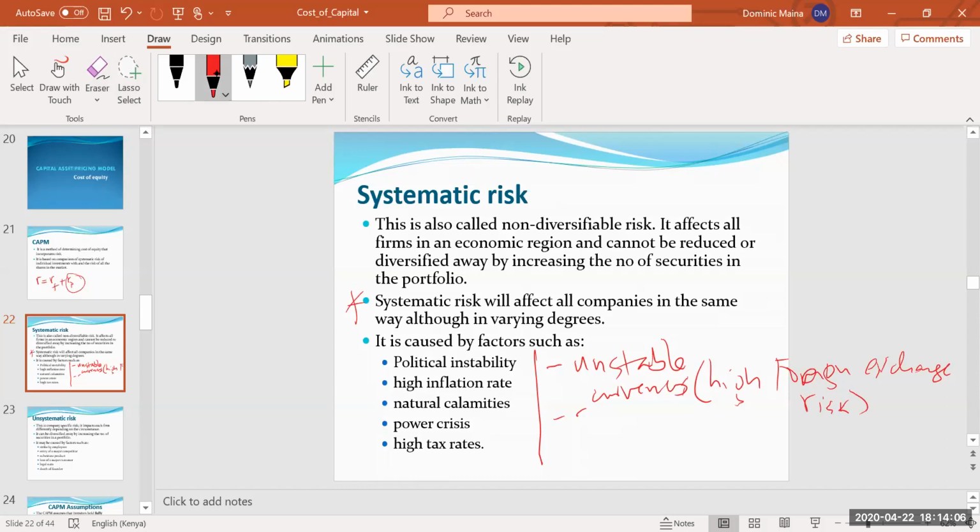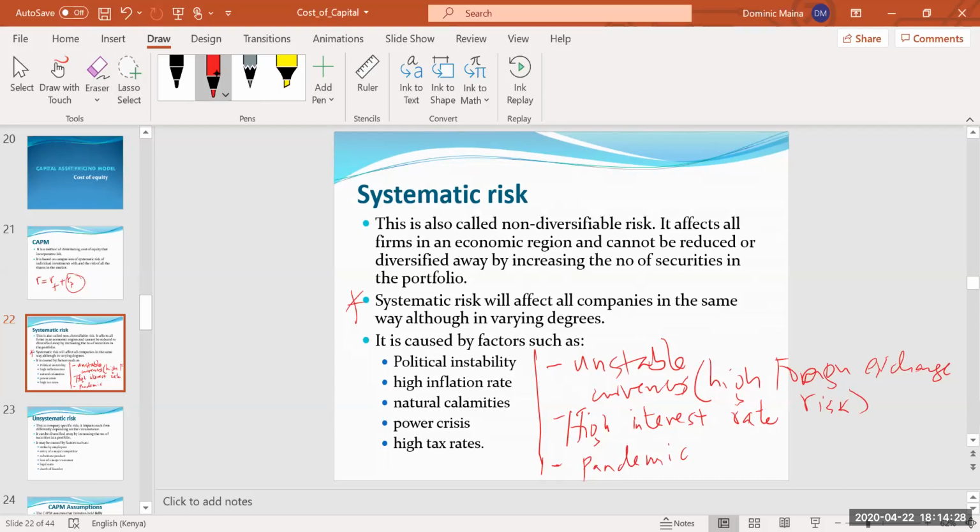Also, we have a high interest rate that the country charges, which can be another factor. And of course, an example here is an epidemic. Don't forget, every person is affected.